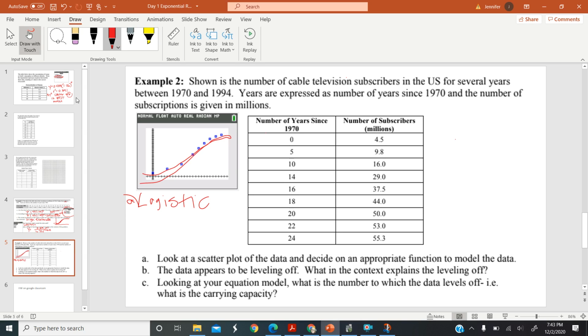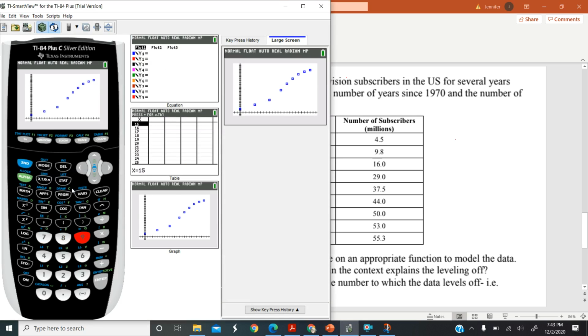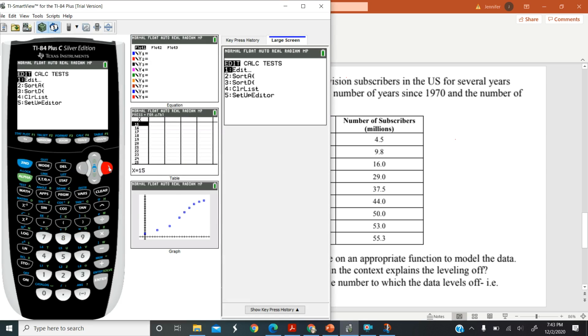So now I have to actually calculate the equation. I'm going to come back here and go to stat calc and scroll down until I get to logistic. There we go. I'm going to press enter there. And then I want to store my equation in Y1.